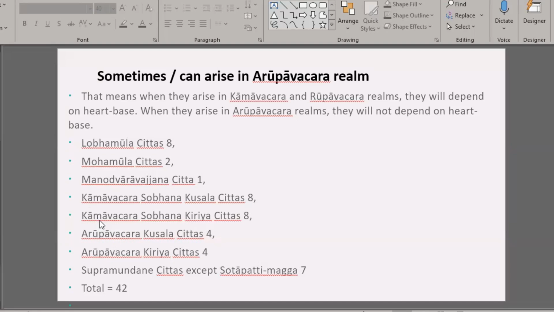So these are the chittas. These 42 chittas can arise in the Arupavachara realm, or in other words, those 42 chittas arise based on the heart base sometimes. Therefore, we have to memorize those chittas with their numbers to proceed to the next lessons, especially for Chitta Vithi, the cognitive process.